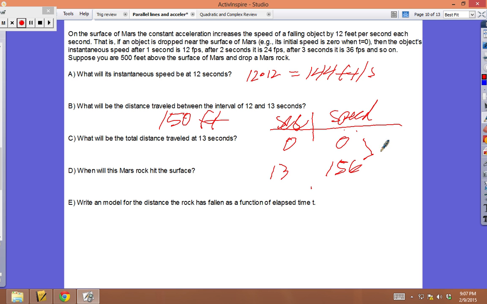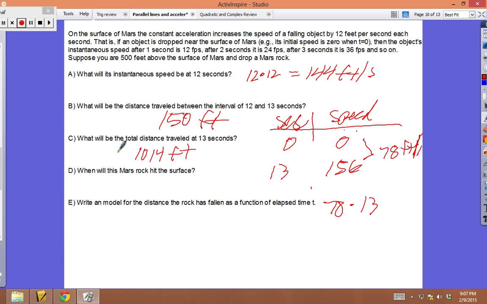So my average speed is going to be 78 feet per second from 0 to 13 seconds. So I'm going to take the average speed, 78, and multiply it by the time that it was in the air, 13 seconds. So 78 times 13, and that total distance is going to be 1,014 feet traveled.